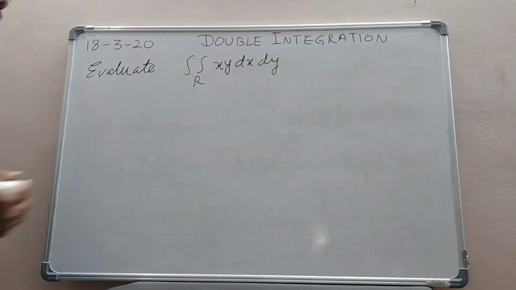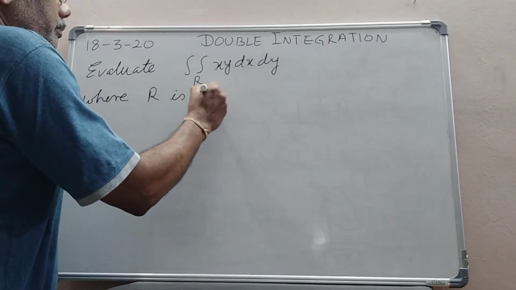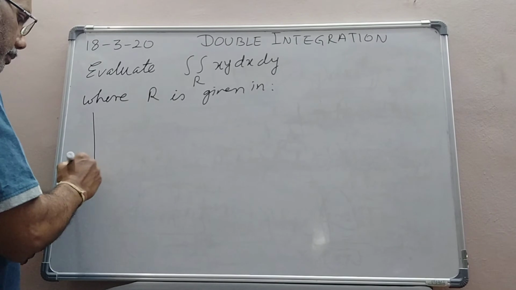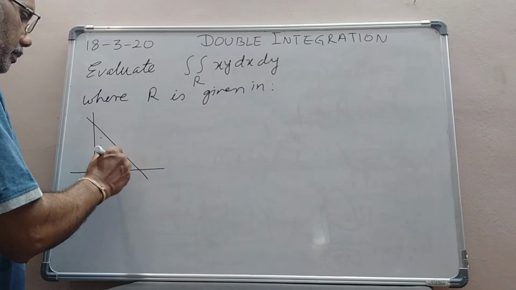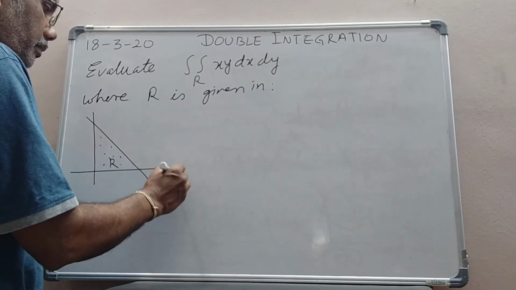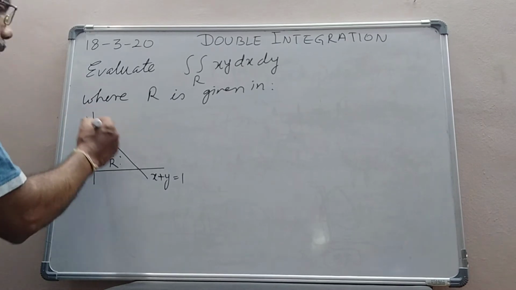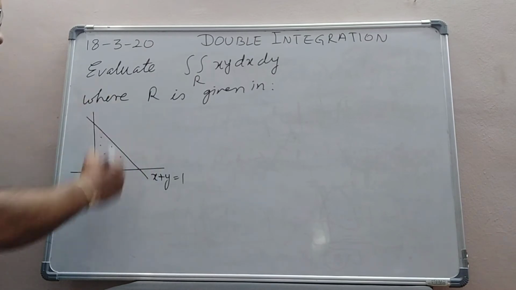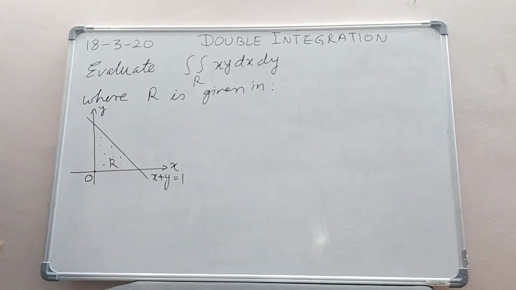I'm taking a very simple example. So the region R is the collection of all these points, all right? And the equation of this particular line is given by x plus y equal to 1. You already know the equations of the other lines, for example, this and this. This is your x-axis, this is your y-axis, and this is your origin as usual.